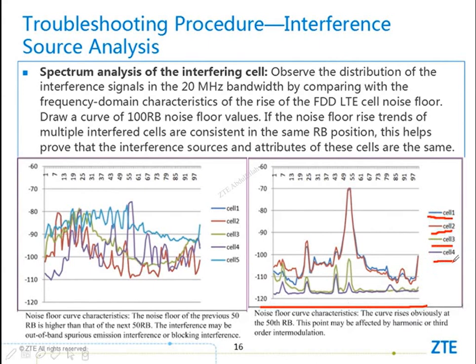For this noise performance, you can see there are some interference peaks, and for different cells, the RB location is almost the same. Then the problem is mainly inter-RAT interference, because the interference for these cells has the same source.